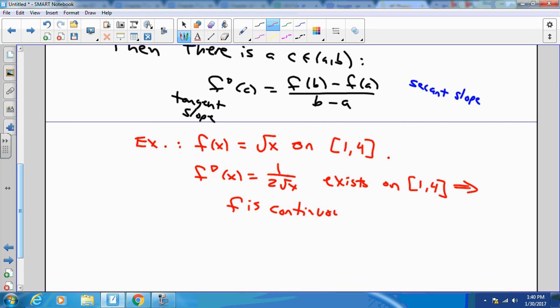Therefore, f is continuous on the closed interval 1 to 4, and of course, it is certainly differentiable on the open interval 1 to 4. So this is a frequent shortcut that I will take when I'm checking continuity and differentiability. I'll just check differentiability first.